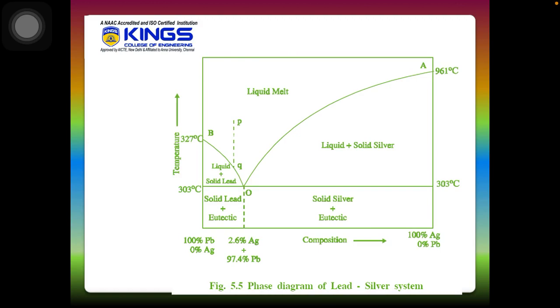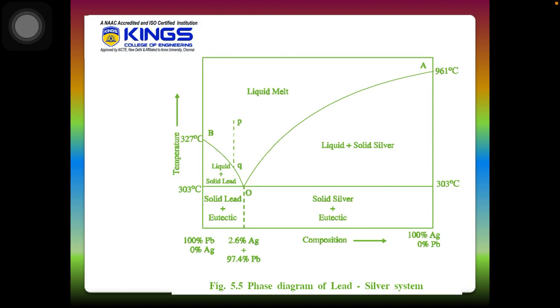Similarly, the curve BO is the freezing point curve of lead. The point B indicates the melting point of lead, 327 degrees centigrade. The curve BO represents the freezing of lead by the successive addition of silver.